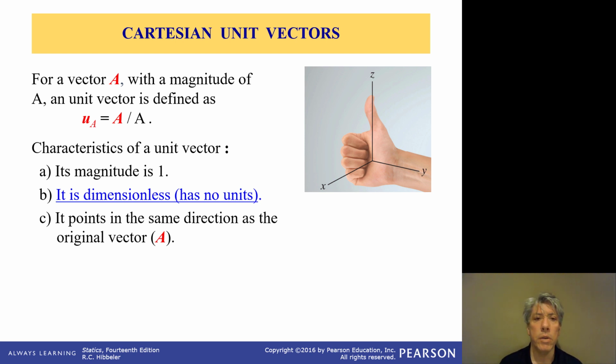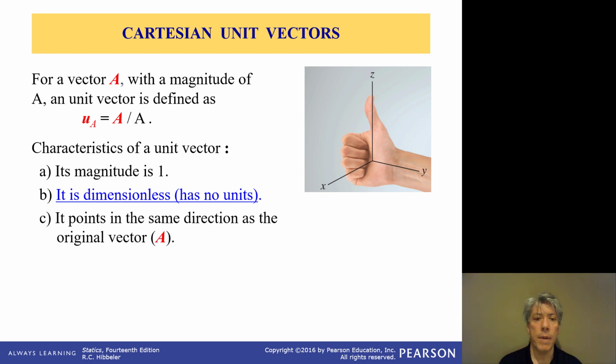But anyway, we're interested in unit vectors, vectors that only have a magnitude of 1 and really only indicate a direction. So if we have a general vector A with some magnitude of A, then we could take the ratio of the vector to the magnitude, and that would give us a vector that has unit length. So, that would essentially be something that only has direction.